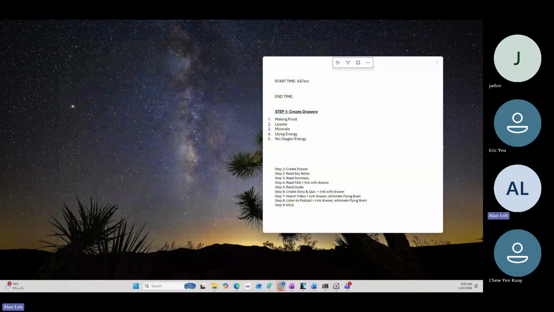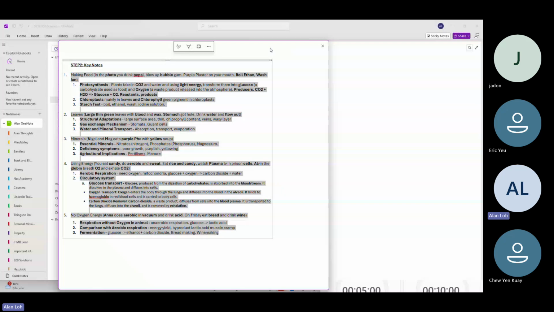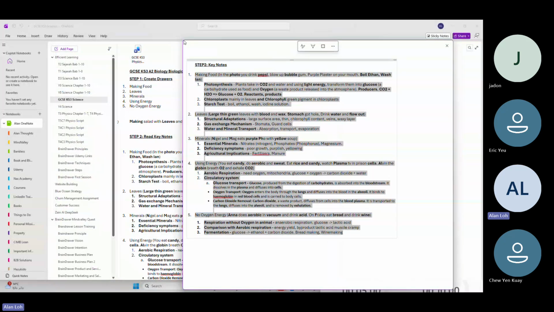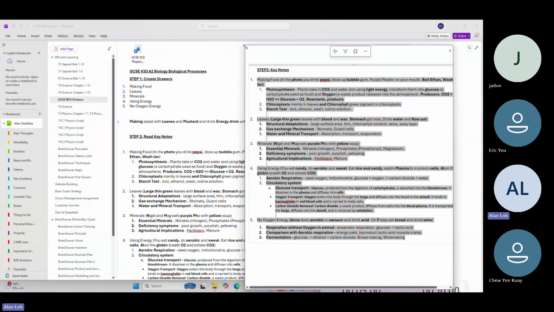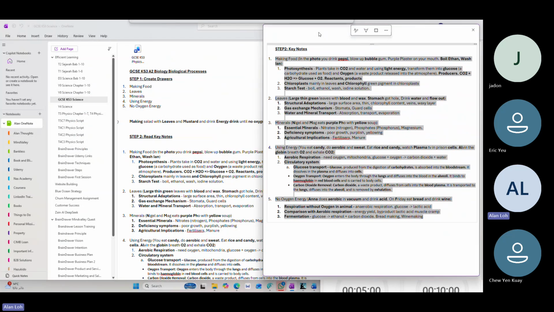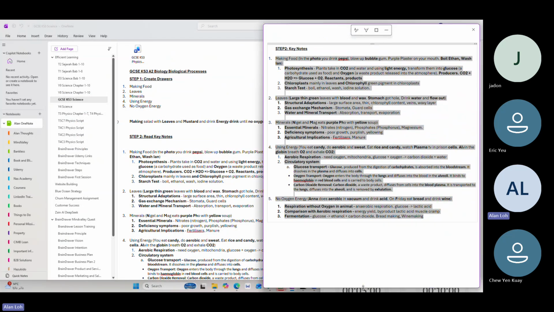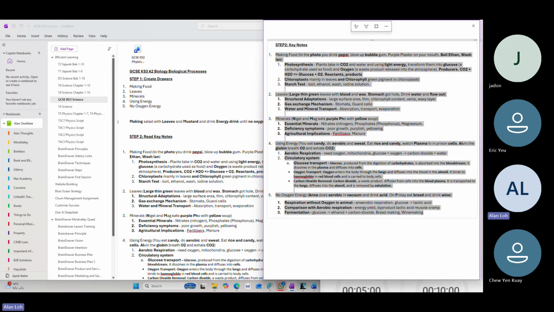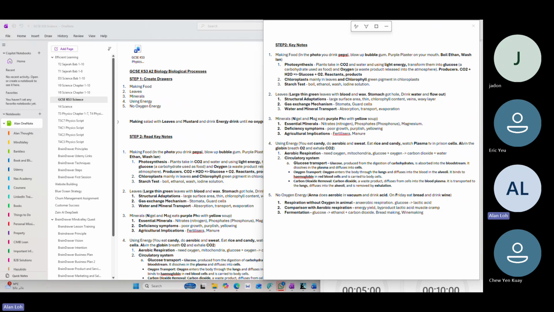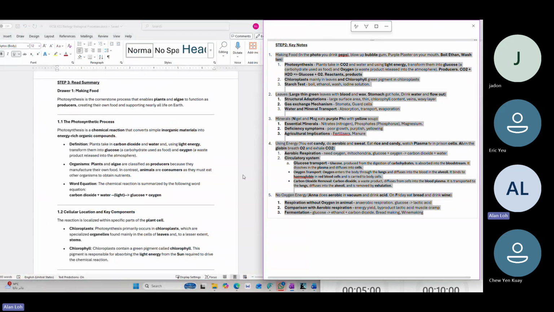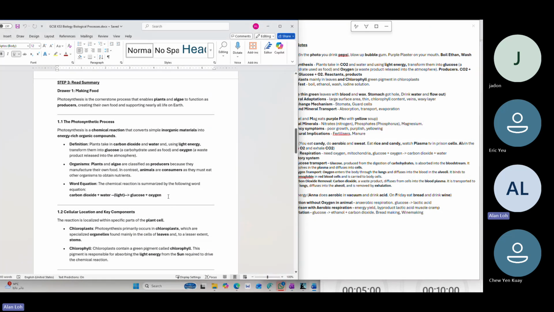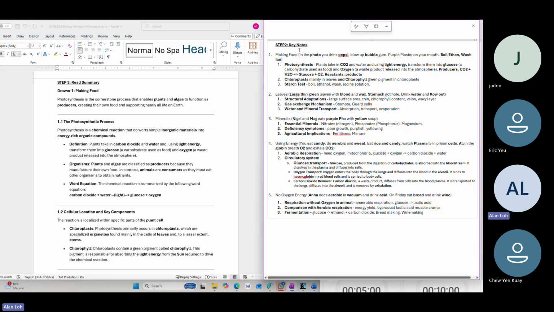I'll have this step number 2 as a reference on our left, and I'll have step number 3 on our right. Same drill. I'm sure you remember. The drill is very simple, right?